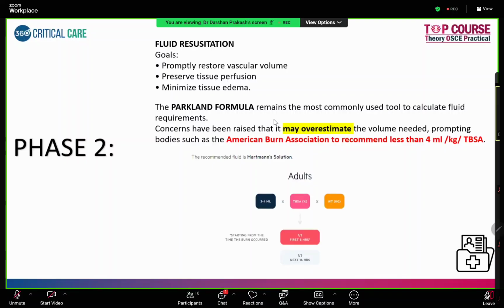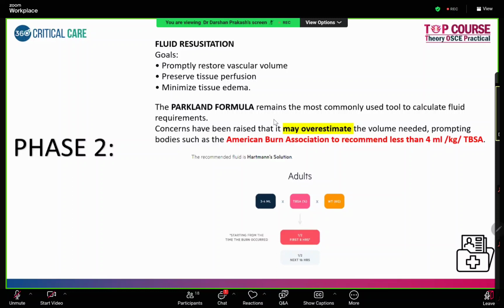The Parkland formula is the one which has been used worldwide and has had a lot of papers and evidence coming out based on this formula for a long time. It is also endorsed by the American Burn Association, but multiple trials in the longer run have suggested using fluid less than 4 ml per kg per total body surface area.